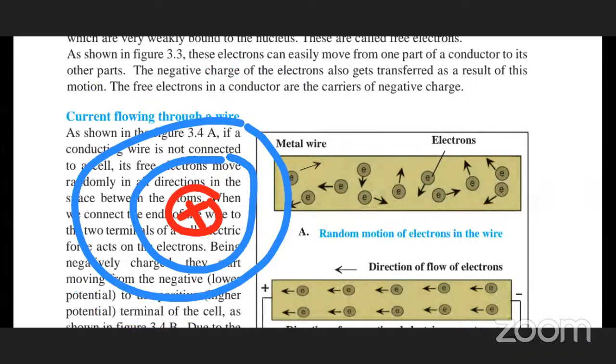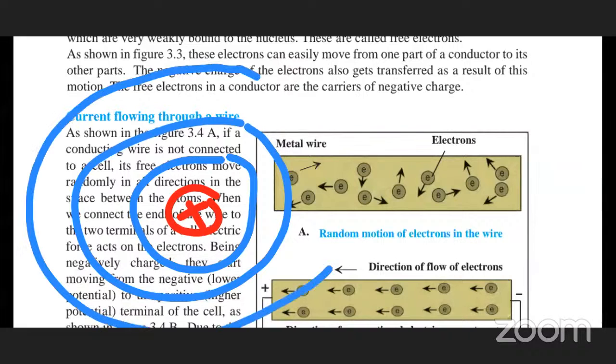The electrons which are present in the outermost shell of metallic atoms are very loosely attached, and since they are very loosely attached, they can be easily removed from the metal.